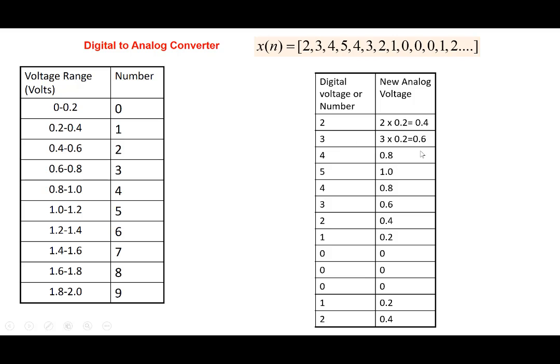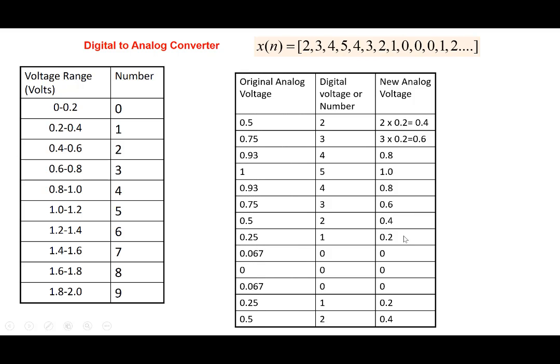When you get a 3, you multiply it by 0.2, you get 0.6, you get 4, and so on and so forth. So whenever you get a number, you multiply it by that interval in terms of the voltage. Each interval is for us 0.2 volt. And so you get these analog voltages, and of course, you get them at discrete intervals of time here.